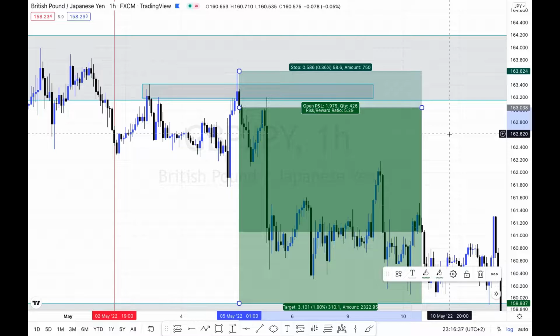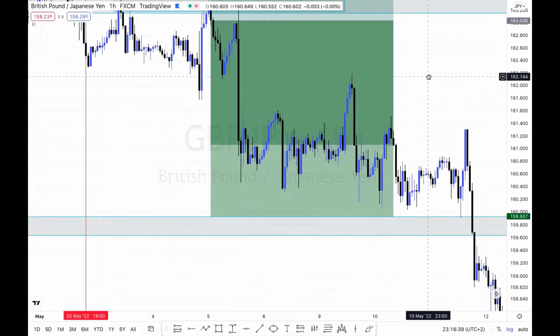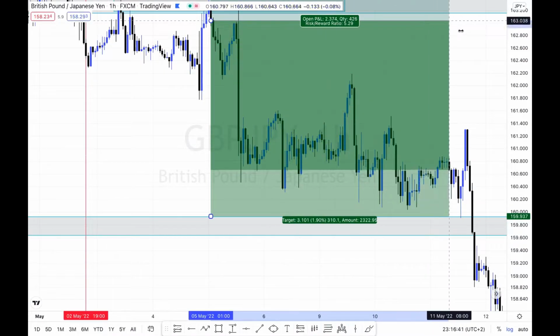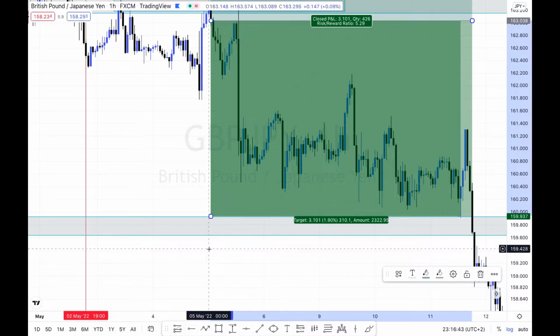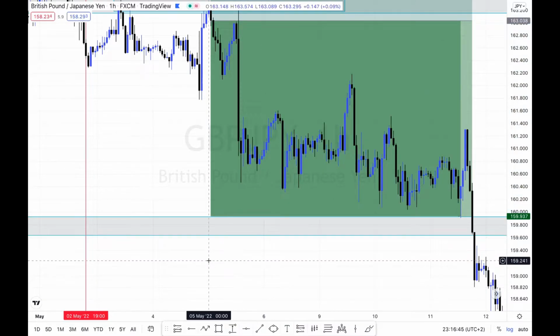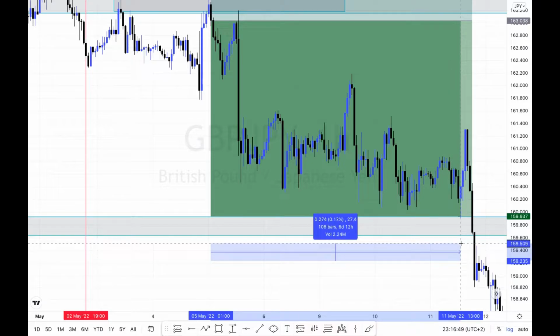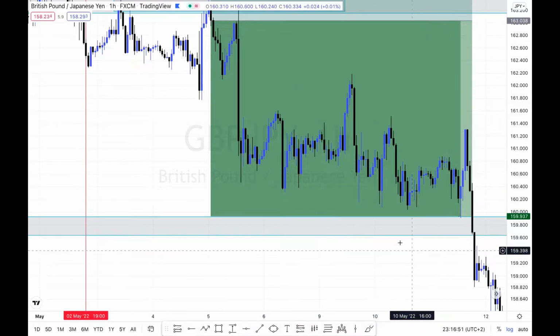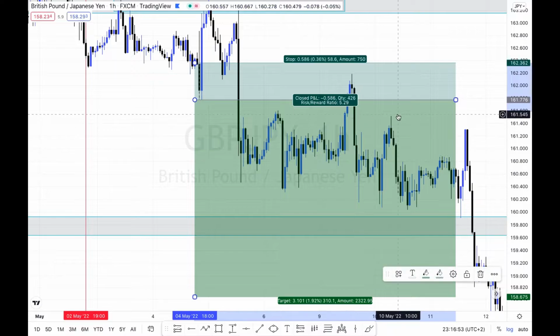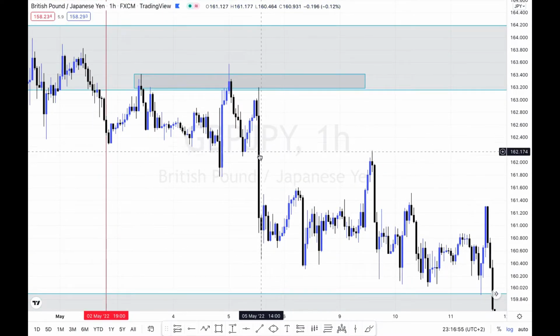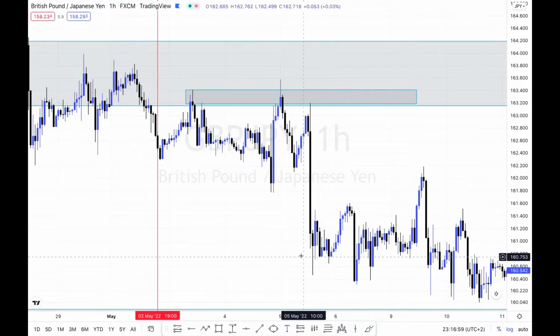For sure a swing trader would have taken this. And by the way, this trade would have taken about 6 days. Definitely a swing trader.